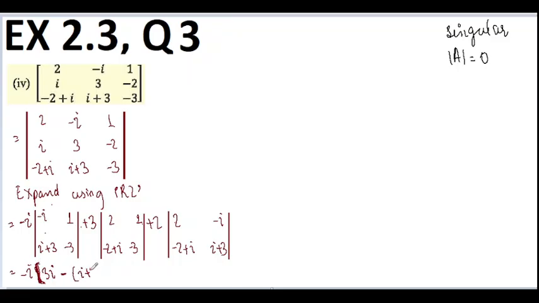And minus into iota plus 3, then we get plus 3 into 2 3s are 6, and negative sign remains the same, then a negative sign, and then negative sign is multiplied with minus 2 plus iota, then we get plus 2 as it is, and then 2 into iota plus 3, the diagonals are multiplied, 2 into iota plus 3, and then a negative sign, and negative into minus iota gives us plus iota into minus 2 plus iota.